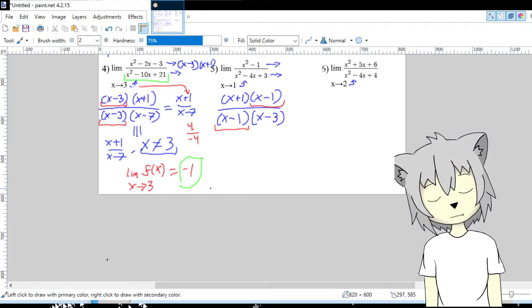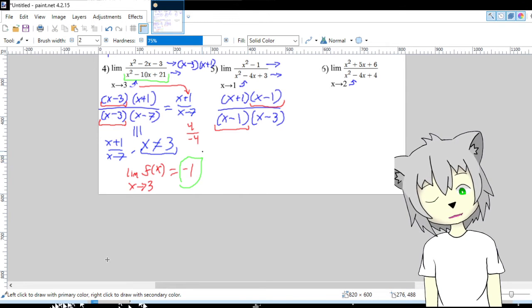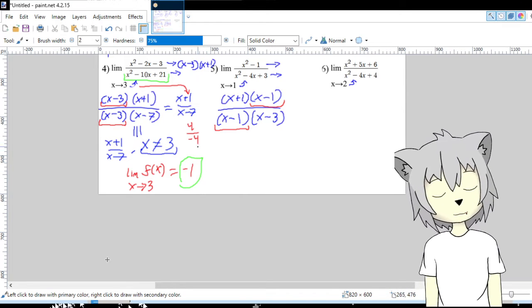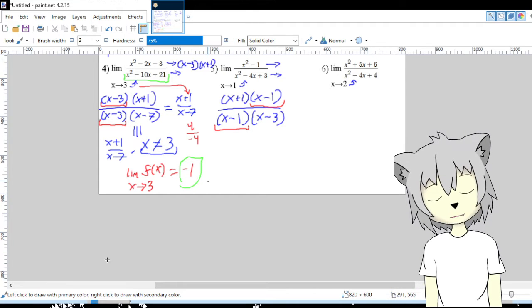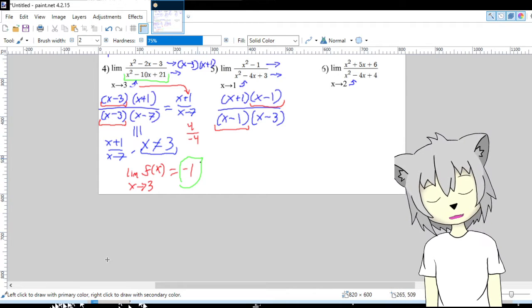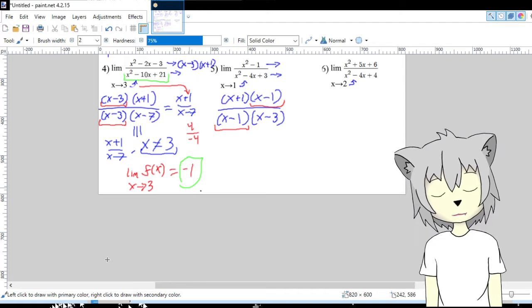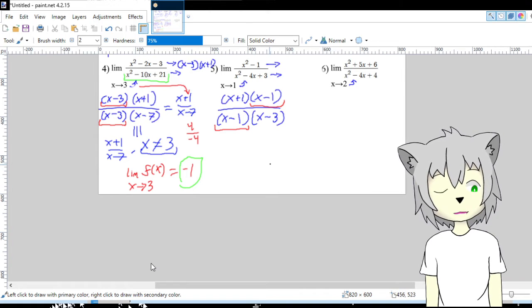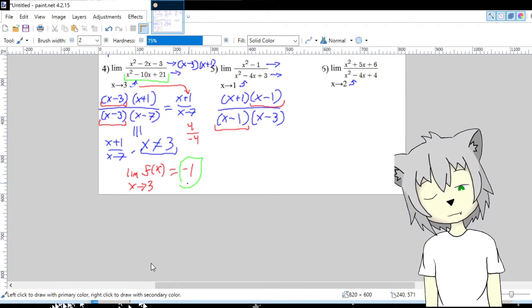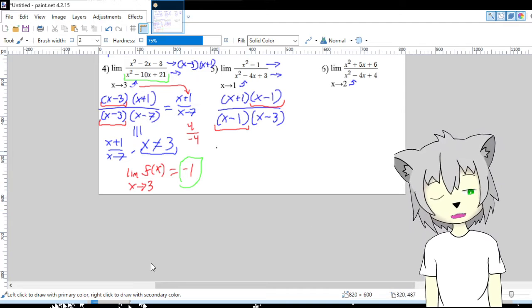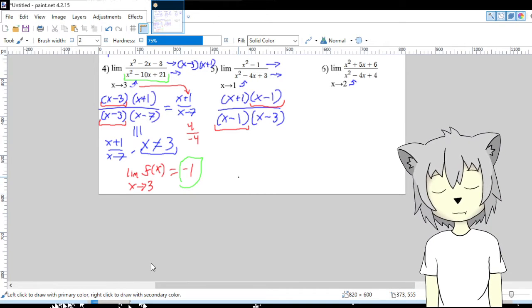If you use decimals, it will probably say undefined at 3, but this is where it should be approaching. That's where the hole should be, at negative 1, if the graph were continuous at that point.